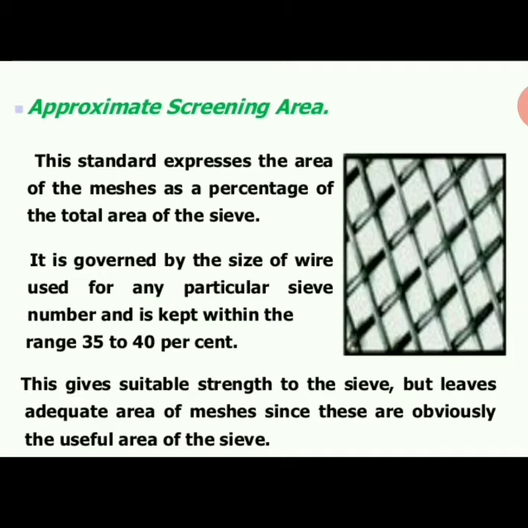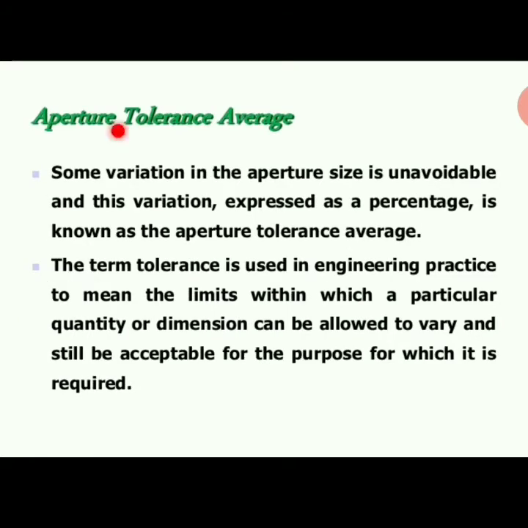Then next is the aperture tolerance average. Some variation in the aperture size is unavoidable, and this variation expressed as a percentage is known as the aperture tolerance average. Here the term tolerance is used in engineering practice to mean the limits within which a particular quantity or dimension can be allowed to vary and still be acceptable for the purpose for which it is required.